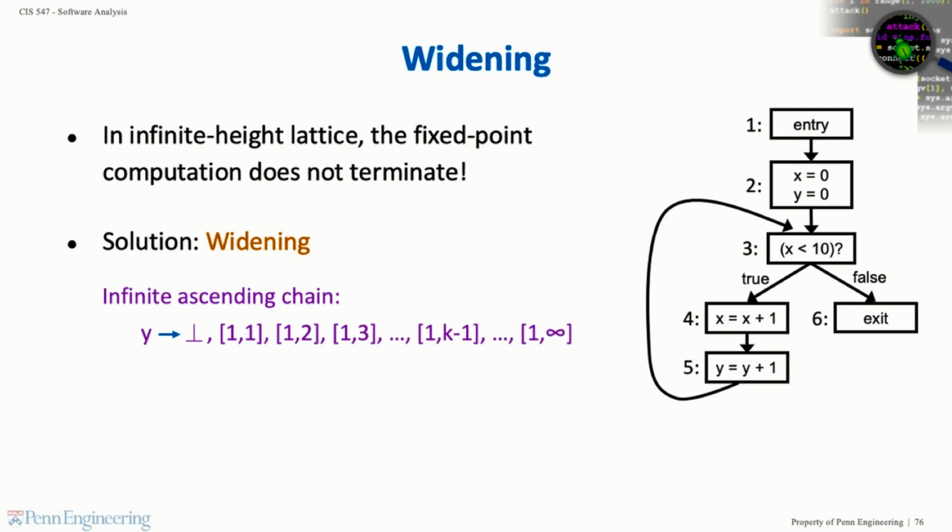For example, one way to cut the ascending chain above down to a finite height is to observe that the upper limit for y is increasing, and therefore assume the maximum possible value, infinity, for the upper limit of y.